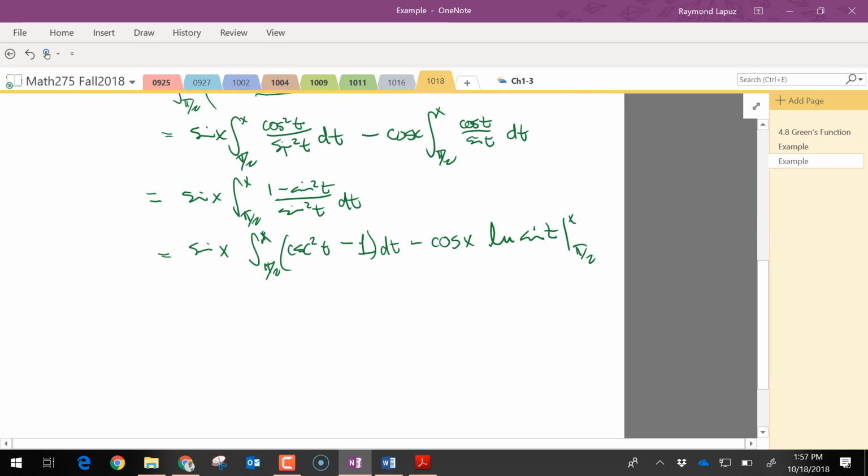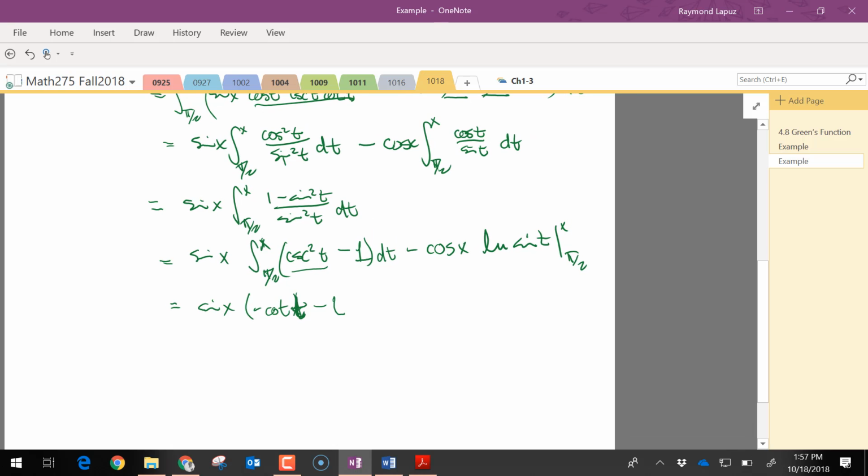So sine x, the antiderivative of cosecant squared x is negative cotangent. Yeah, sure. Negative cotangent x minus, this is just going to be, this is a t, because we still have to put in those values, and then this is a t.